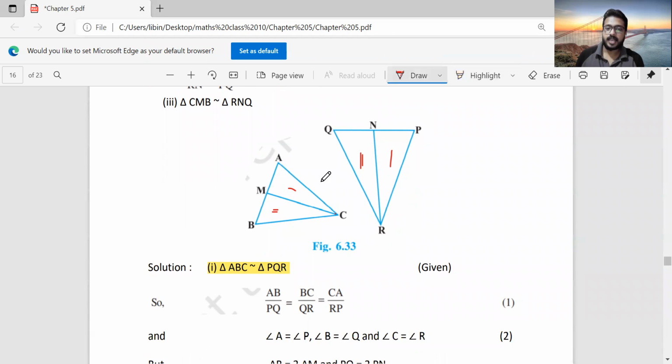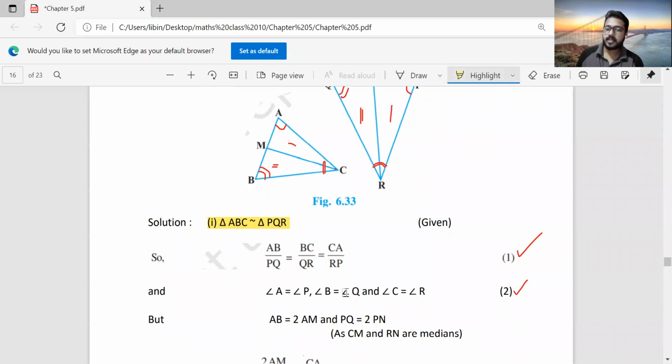So we can write the corresponding sides should be proportional, and then angle B should be equal to angle Q, and then angle C should be equal to angle R. Okay.